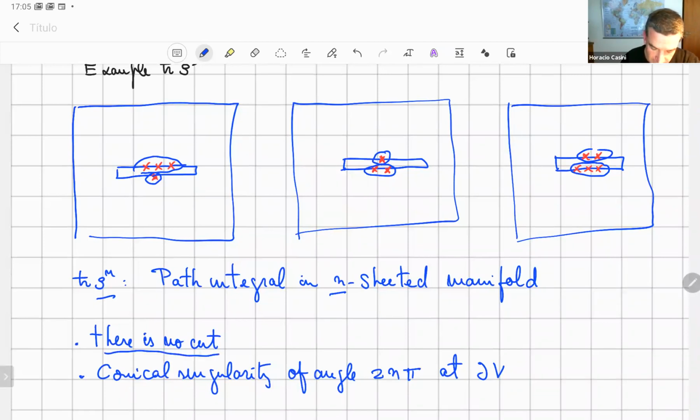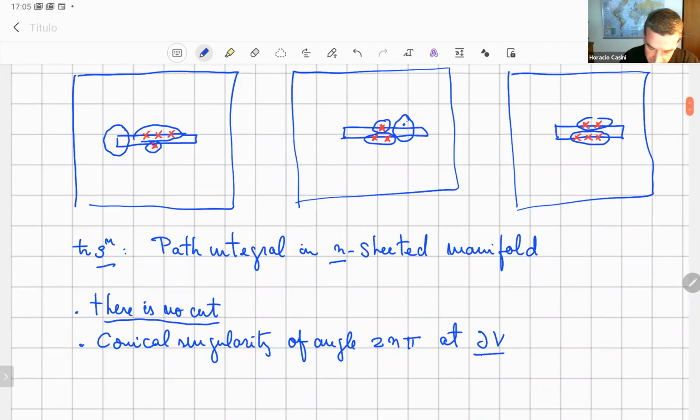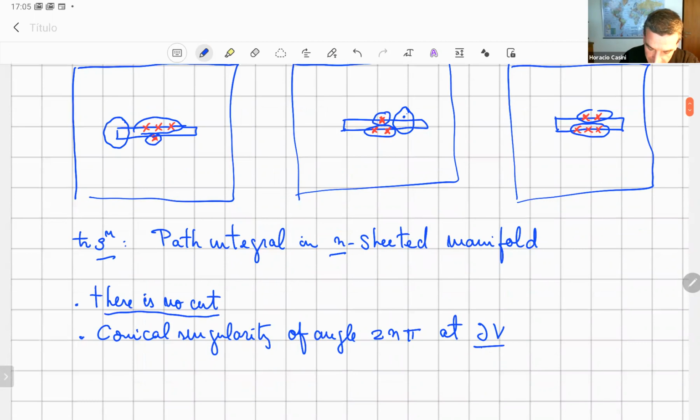In the geometry, I showed you that if you are at a point here, you move around this point and you will find that there is like a normal Euclidean plane around it. But there are conical singularities at the boundary of the region, which have an angle 2 pi n.